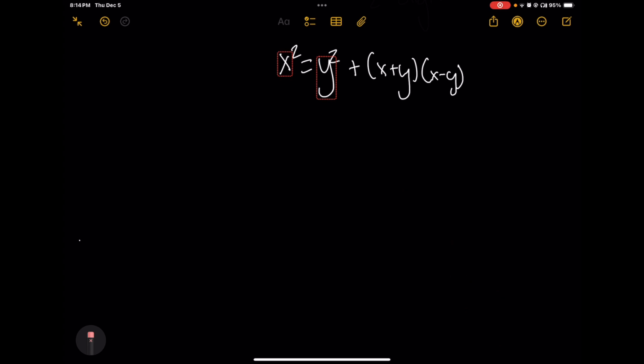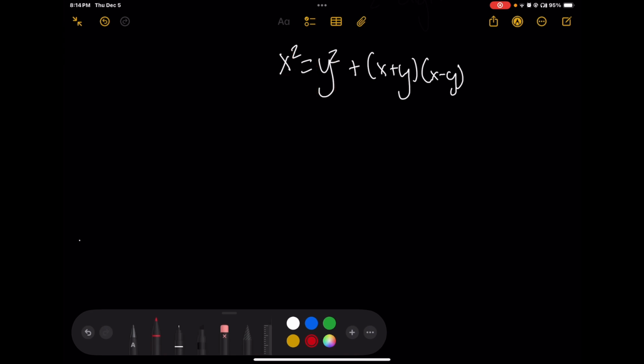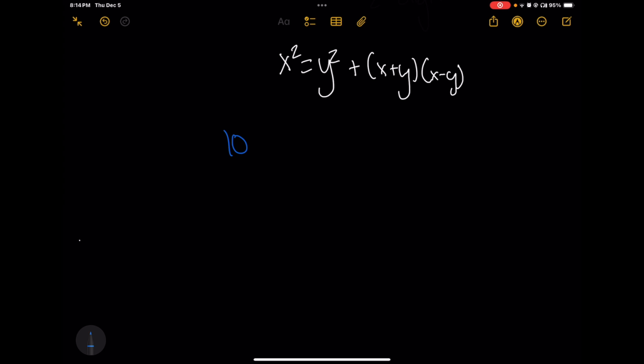So, for example, if I randomly said, today let's do 1042 squared. Now, how on earth am I supposed to do this? So here's the thing.